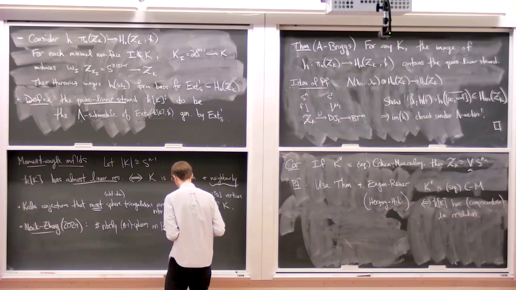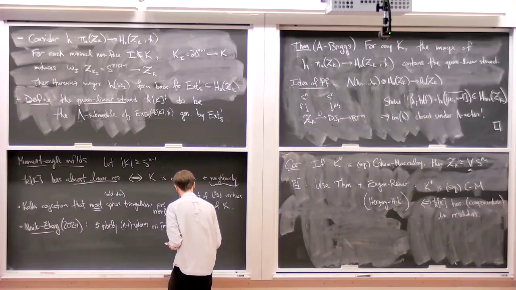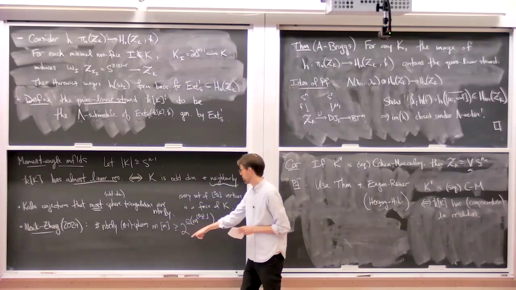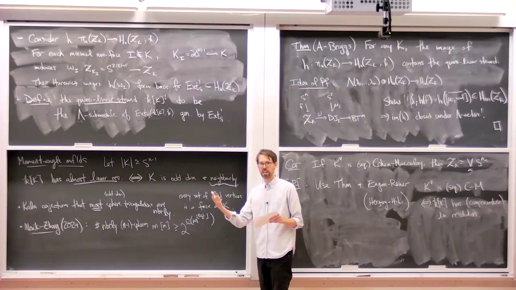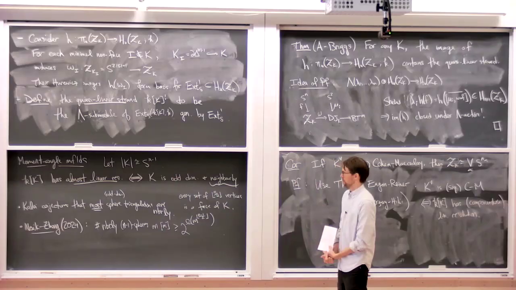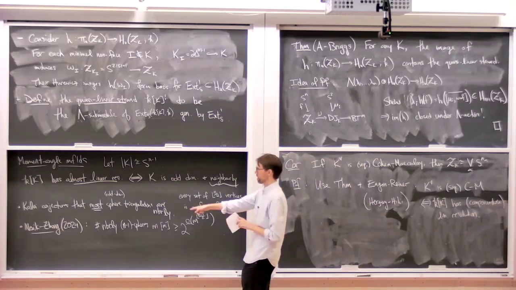So it's at least like 2 to the big omega of m to the n-1/2. So the number of them grows extremely fast with both the number of vertices and n, the dimension of the sphere. So I just want to pause here and point out how crazy this conjecture is.